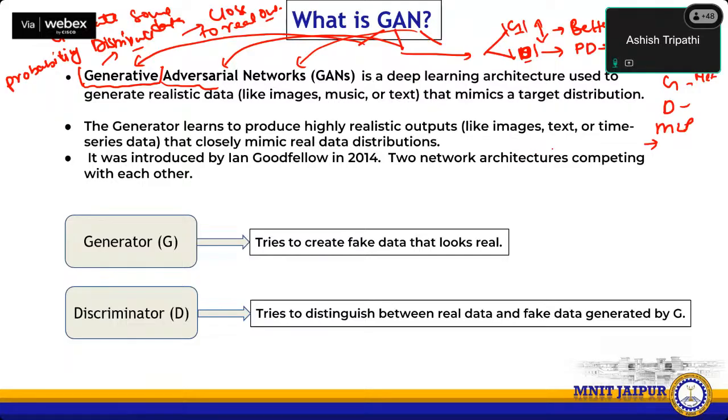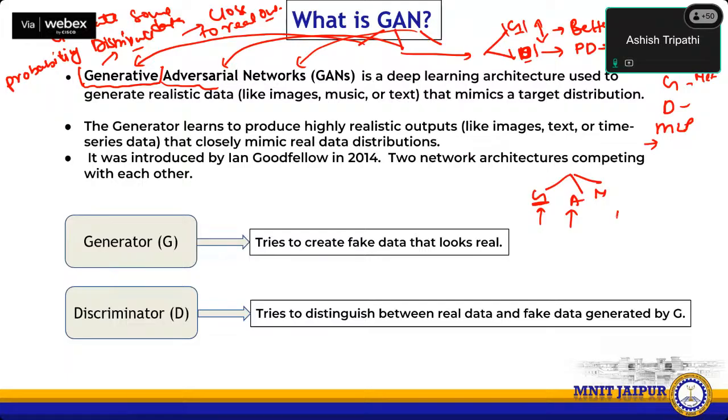So I have described all these three terms, that is G, A, and N. G for generative means we have to make a probability distribution model. We have to make a generative model which will be able to generate some data. A for adversarial, that means the training of both the networks is going to be done in an adversarial manner, in a conflicting manner, in a competitive manner.